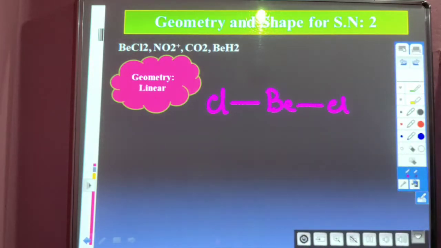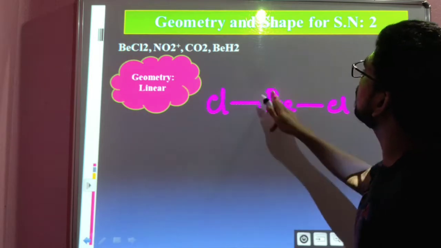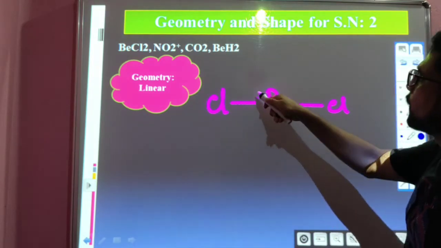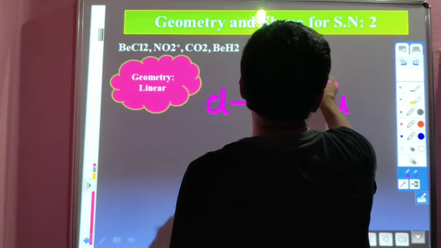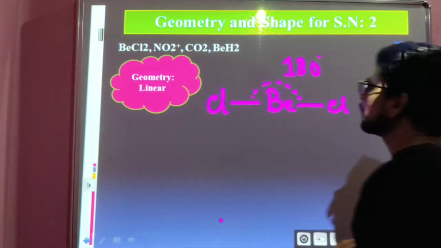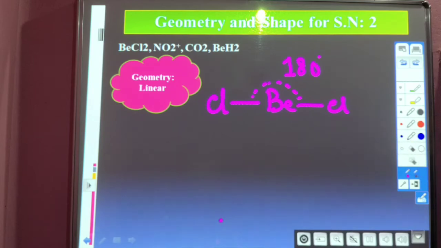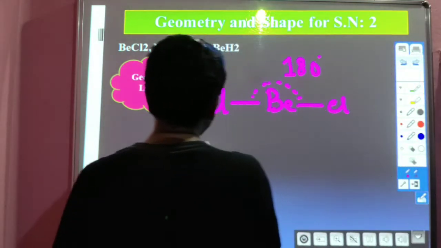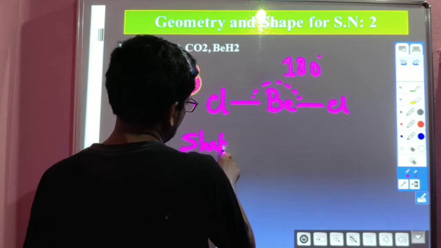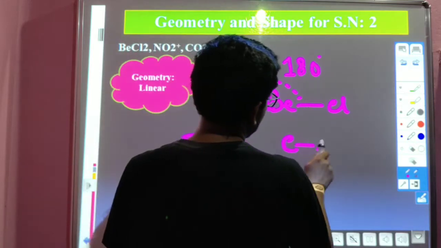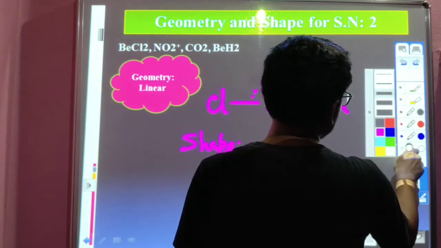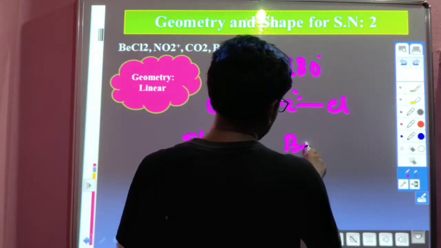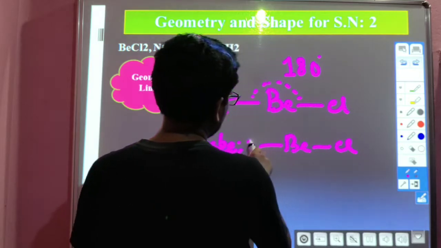You cannot write Cl here or Cl here. The angle must be equal to 180 degree because it is sp hybridized, and shape is also linear.